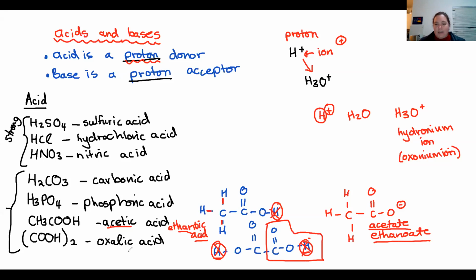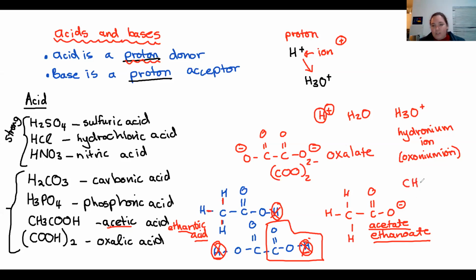Once we produce our product afterwards, it looks like this, and it's got two negatives. You'd often write this as (COO)2 2-. That is known as oxalate. And this would be written as CH3COO-. So those are just some of the slightly difficult ones.